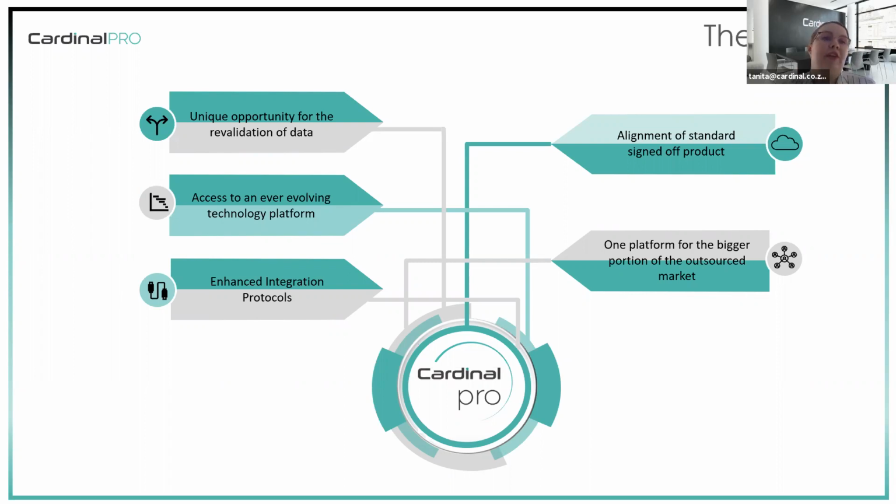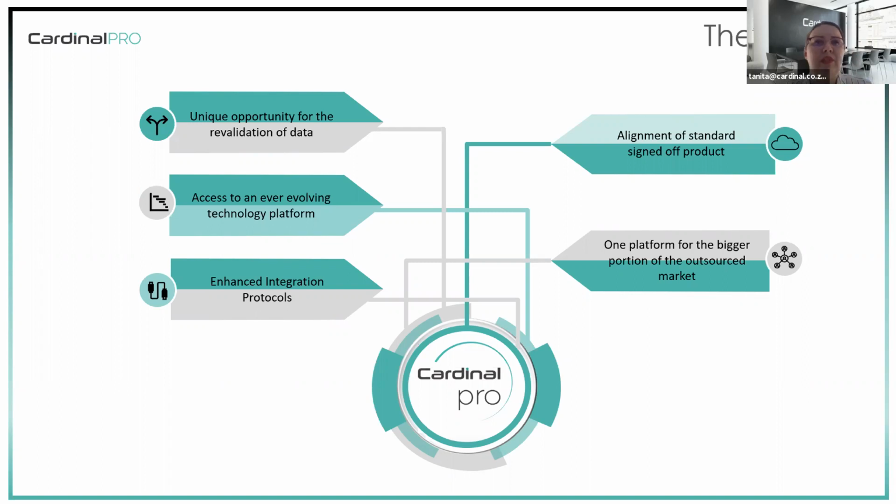Access to an ever-evolving technology platform. Cardinal 360 is a leading policy administration system in the South African market, and Cardinal as a group is constantly innovating, improving, and building its offering to the insurance industry. This comes coupled with enhanced integration protocols in the form of the Cardinal Data Exchange Library. The Cardinal Data Exchange Library really offers different levels of data imports, exports, and exchanges as part of the standard Cardinal technology stack.